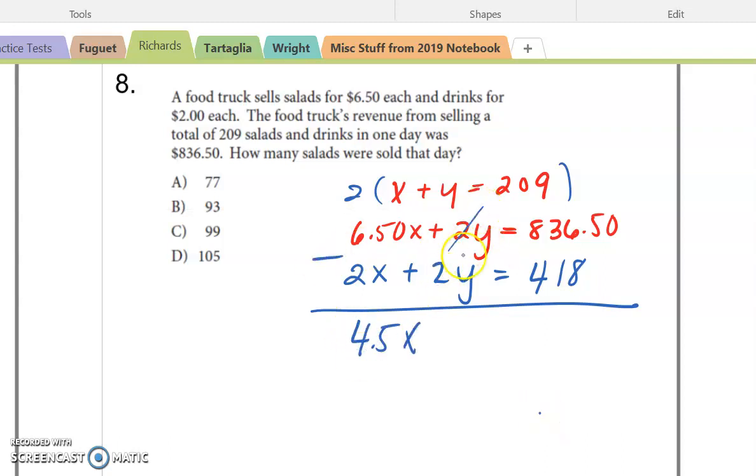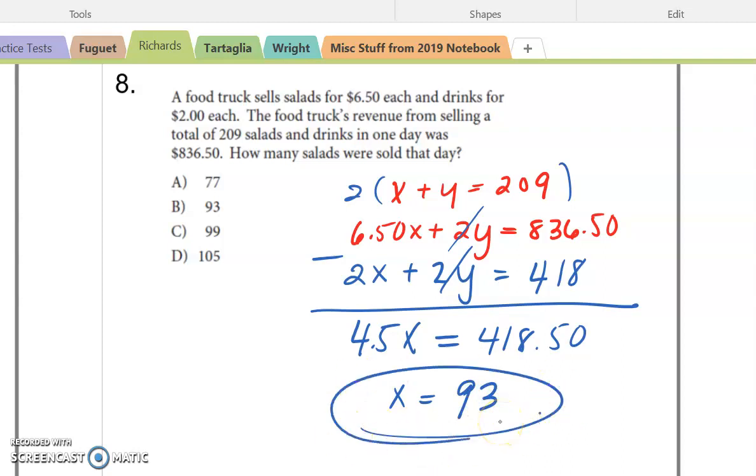So I'm subtracting, so they wipe out, and then I'm getting 836.50 minus 418. I'm going to get 418.50, and I'm going to divide. And I'm going to get 93. The only issue is you absolutely want to make sure, are they asking you for salads or are they asking you for drinks?